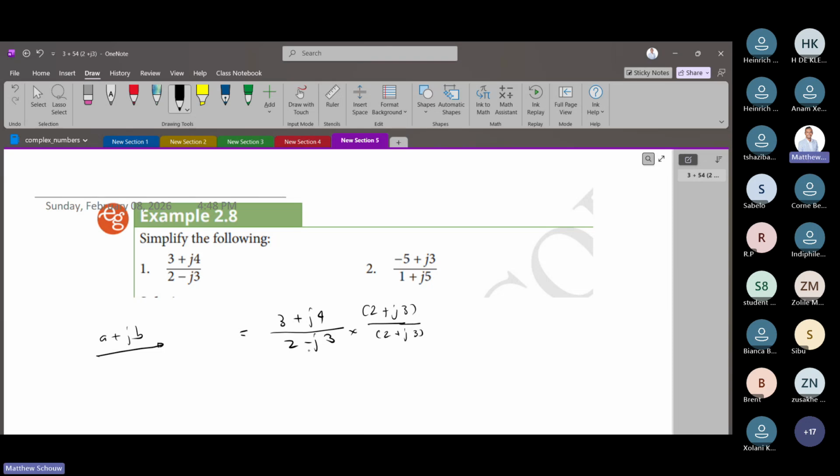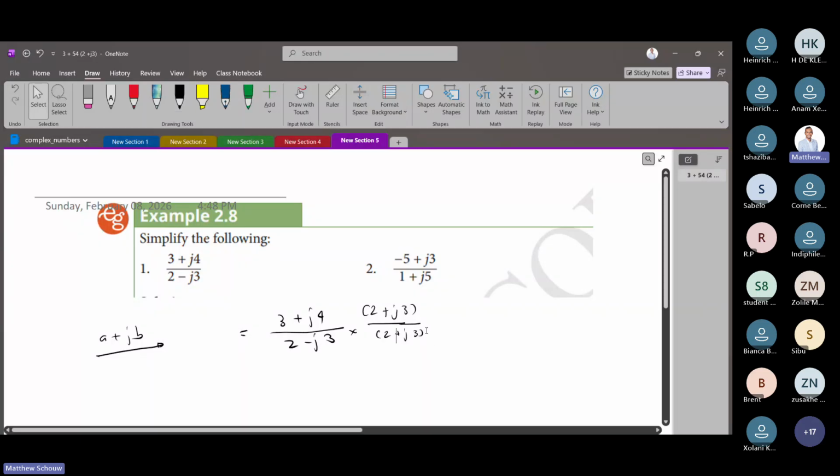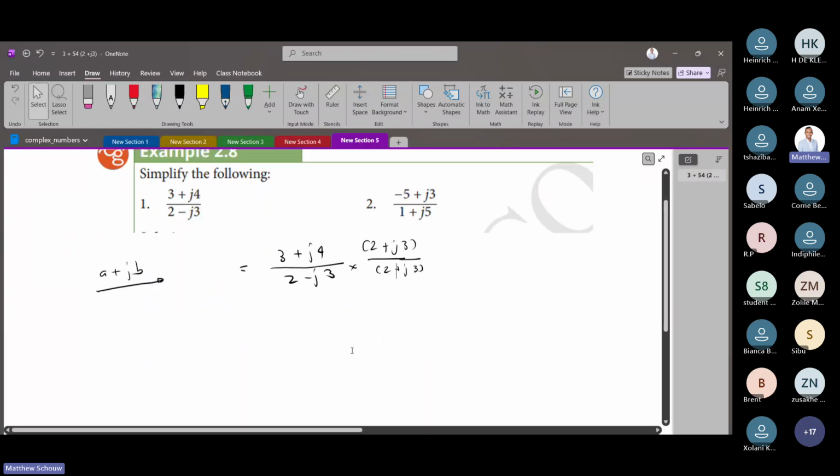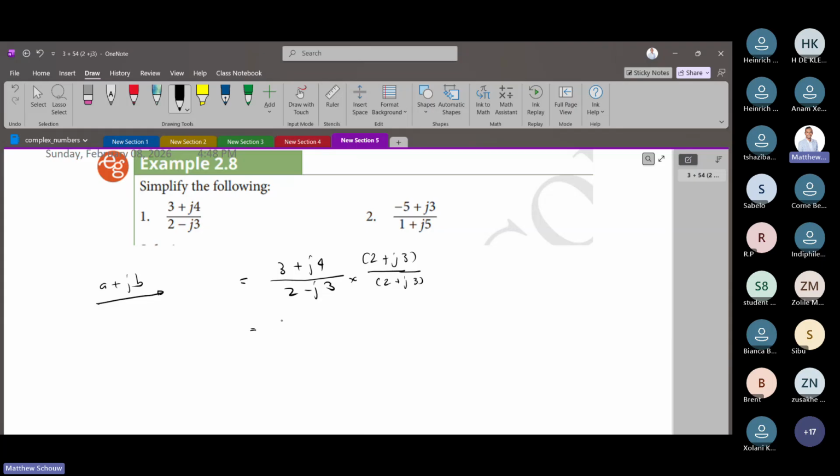So I'll say that again: to make the denominator real, we are multiplying both numerator and denominator by the conjugate of the denominator. And of course, what you do to the bottom, you must do to the top. That's of critical importance. If you look at this properly, you'll notice it's a multiplication problem on the top, like this. So we're going to put in our FOIL, and then we have that 3 plus j4 and 2 plus j3.